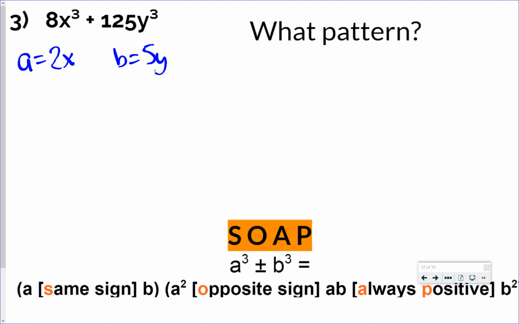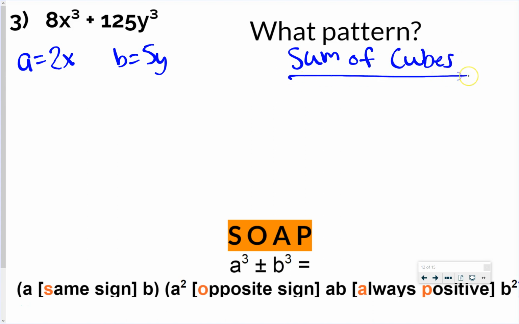Is this a difference of cubes or a sum of cubes? It is the sum of cubes. That means my first sign is going to be a positive. So it's going to be what plus what? 2x plus 5y. Yes.